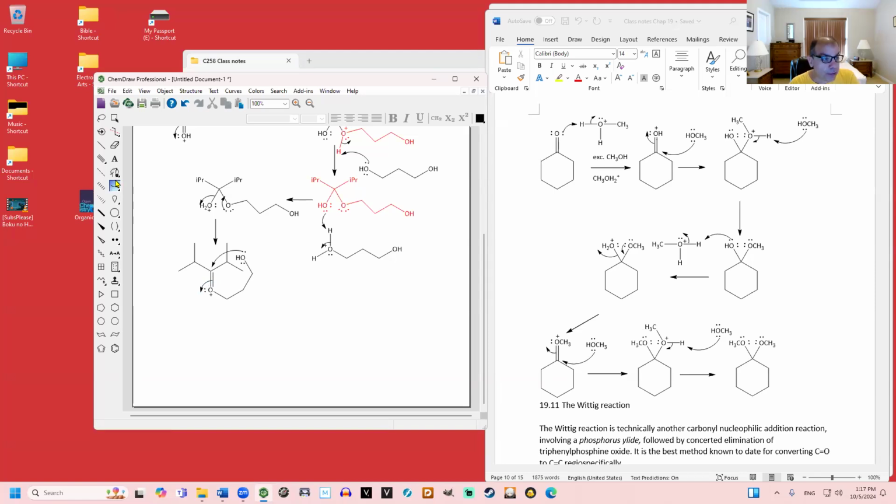So we're forming a 6-membered ring. 6-membered rings and 5-membered rings are especially stable. You learned that in Organic 1, Chapter 3. Because they're especially free of ring and torsional strain.